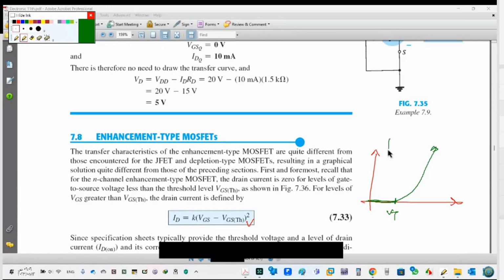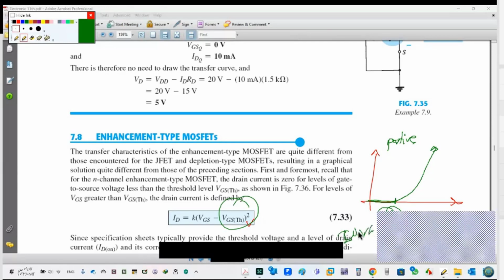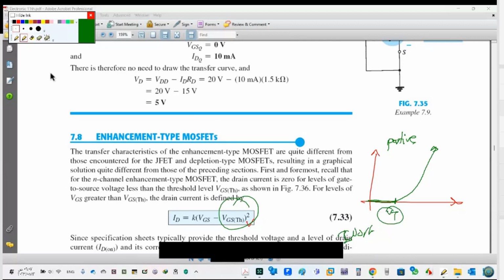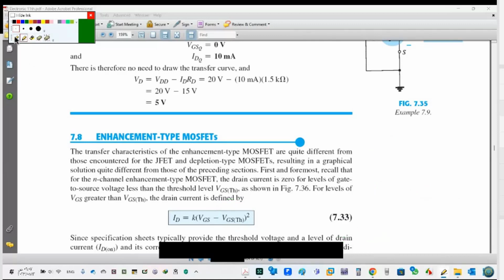So we are working in the positive region. Where VT is given, for example, in ID at one working point. Example 7.8, just to check it.